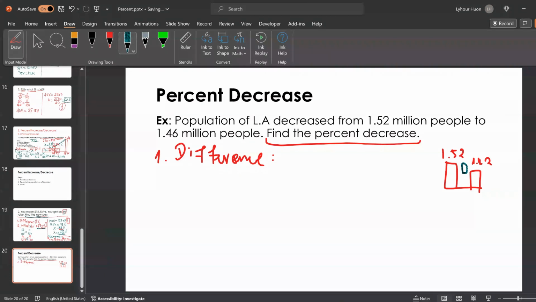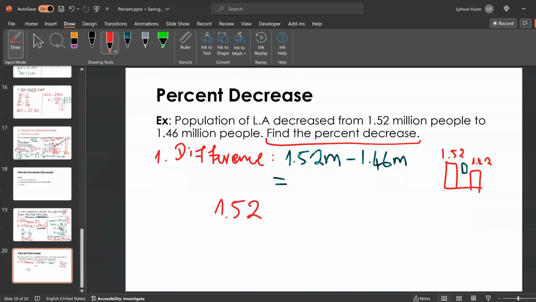So 1.52 million minus 1.46 million equals 1.06? Let me check. 1.52 minus 1.46.